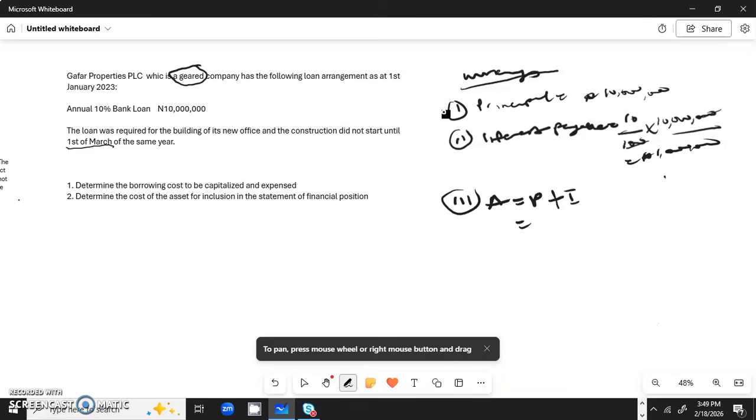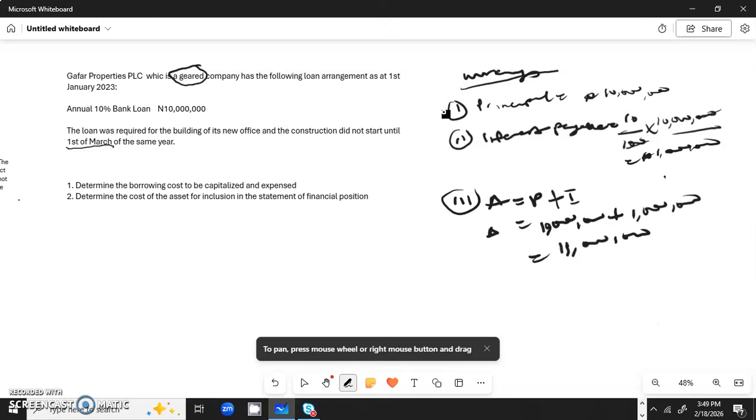So we have the amount equals the principal, which is 10 million, plus the interest, which is 1 million, which is equal to 11 million. So at the end of the day, we are supposed to pay back 11 million.